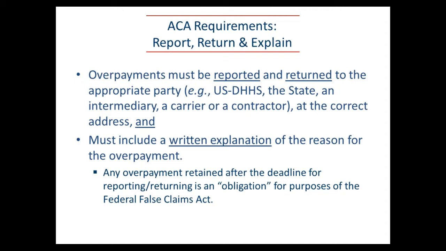So that can be the United States Department of Health and Human Services, the state of New York, or an intermediary. And of course, in connection with this reporting and return of funds, you want to make sure to send it to the correct address. Along with that reporting, you must also include a written explanation of the reason for the overpayment.